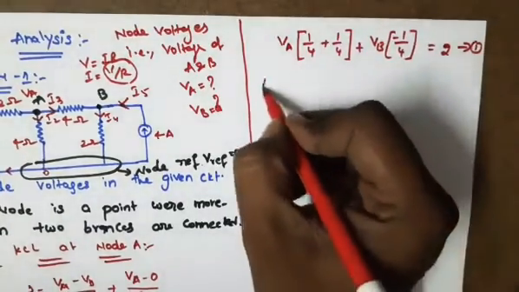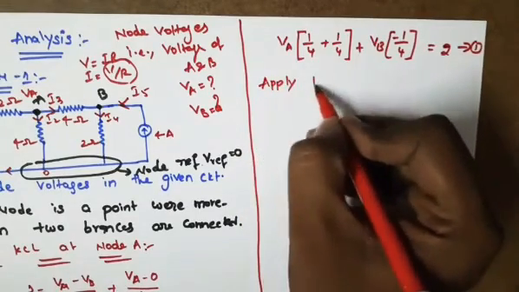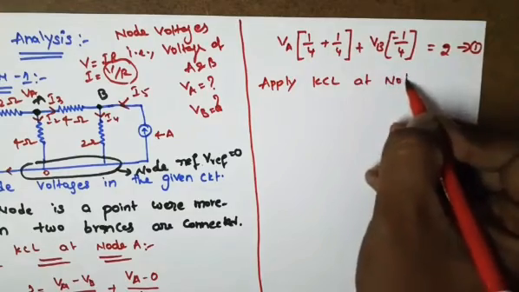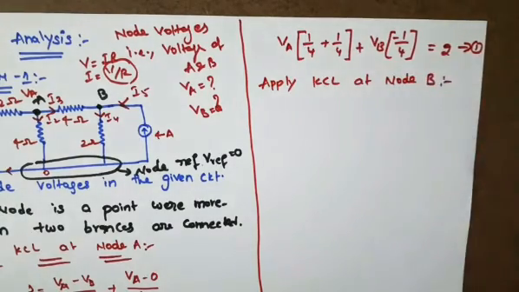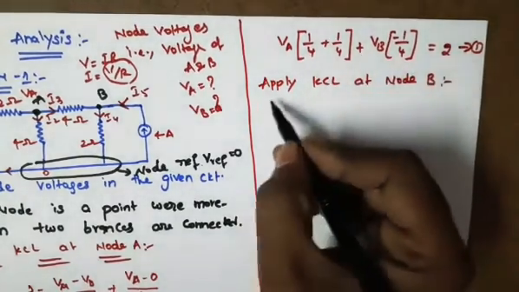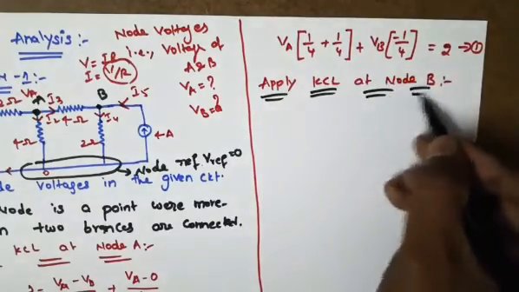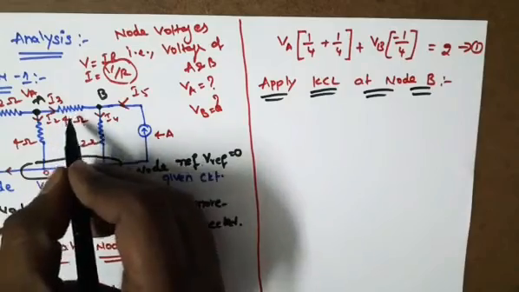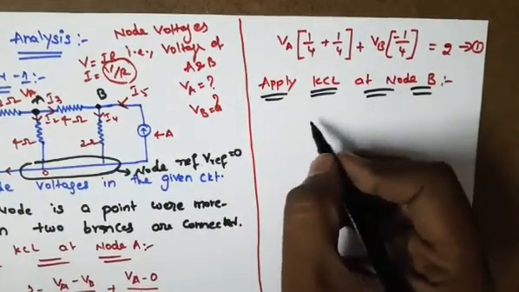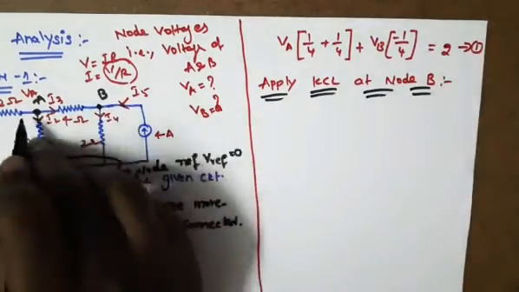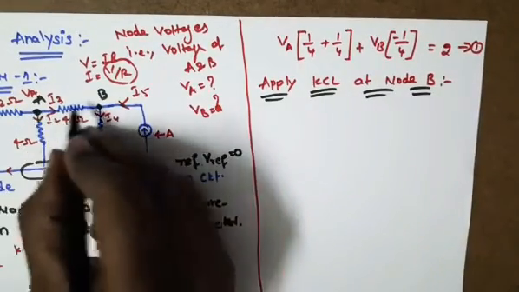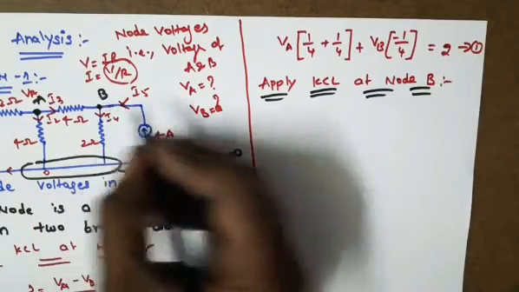Now apply KCL at node B. See, at node B, what are the incoming currents? I3 is the incoming current. That means current flowing from VA to VB.